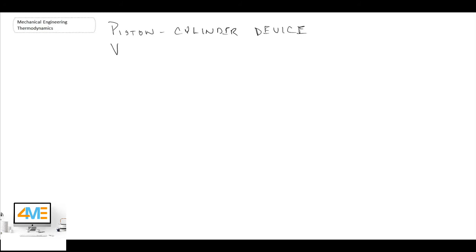We know that the volume of the liquid is 0.1 meters cubed, and the volume of the vapor phase is 0.9 meters cubed.